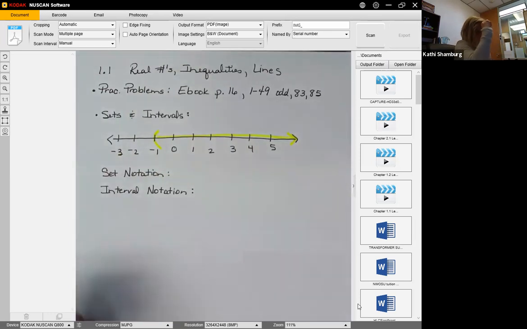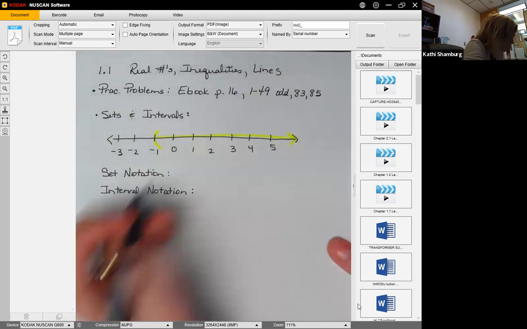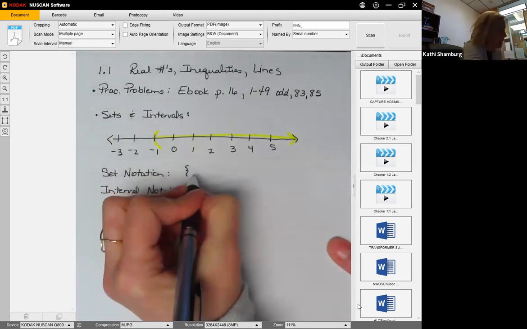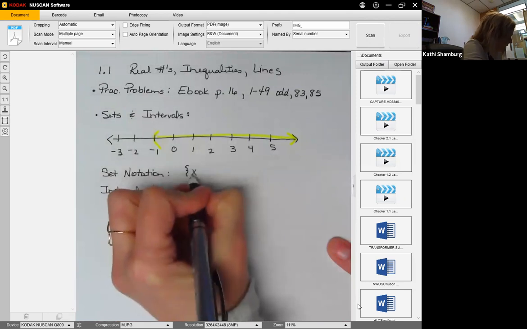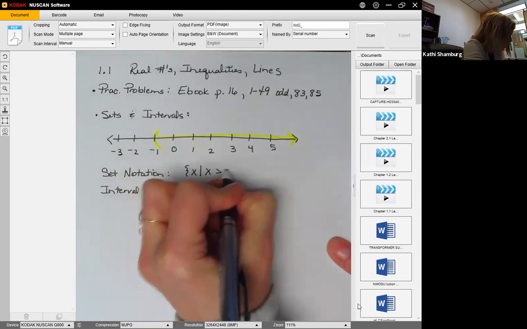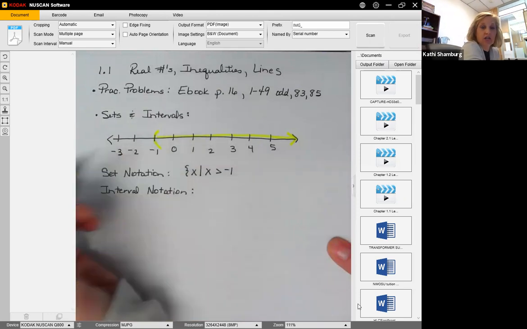All right, so if we're talking about the numbers that are highlighted in yellow, in set notation, you use the squiggly brackets, and it would be x is any number such that x is greater than -1. And because this is like a parenthesis rather than a bracket, it is just greater than.